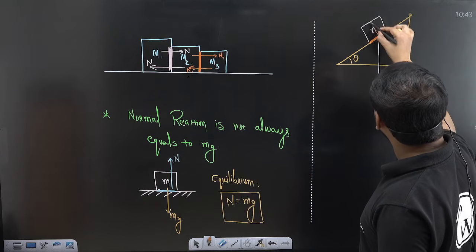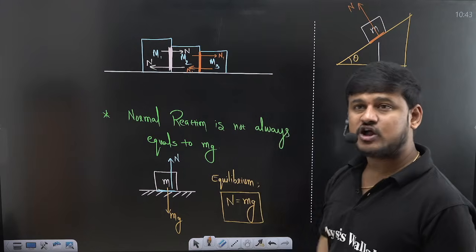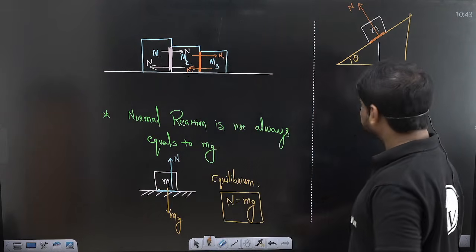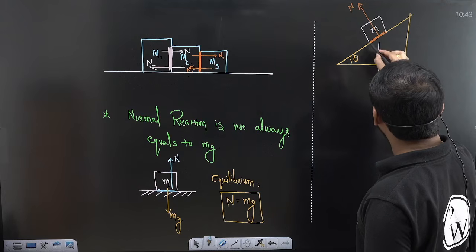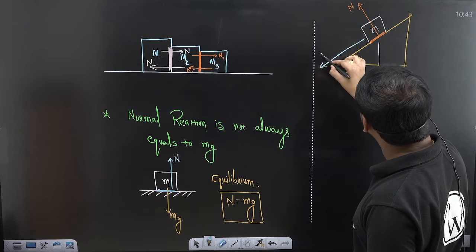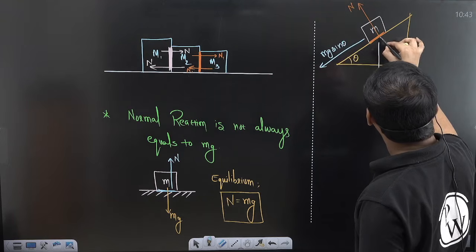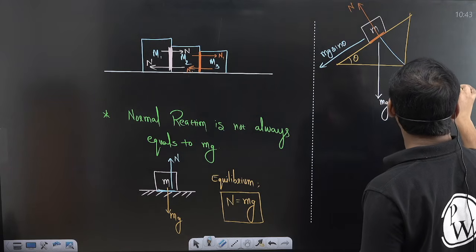So the normal reaction will be this side. The normal reaction will always be perpendicular to the surface at the point of contact, right? Now if you observe, we have two components of mg. One component along the inclined plane, the sine component, mg sin theta, and along the perpendicular we have mg cos theta.